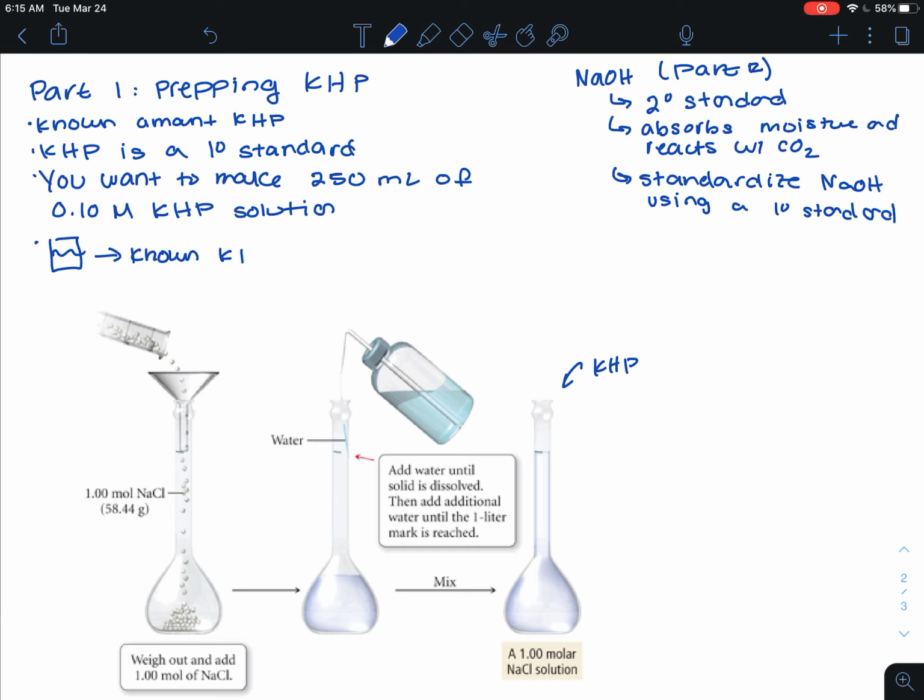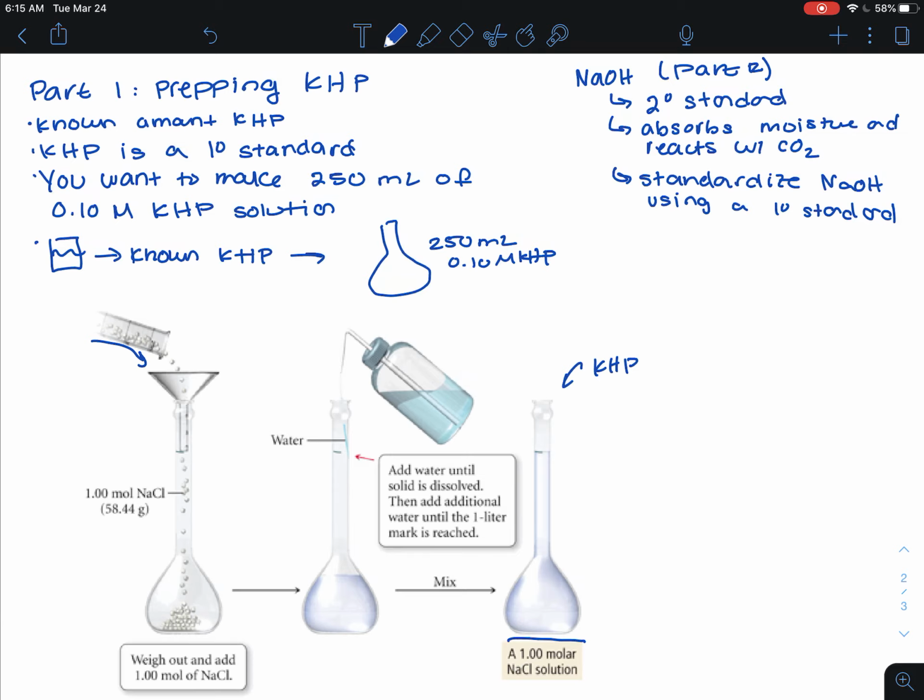So you'll be given a vial, again, with the KHP solution. And you want to make 250 milliliters of 0.1 molar KHP. Now, how can you do that? Can you figure it out?